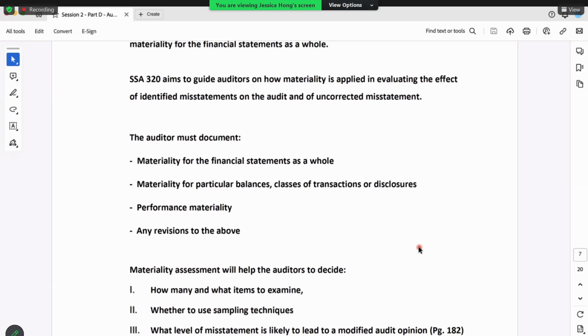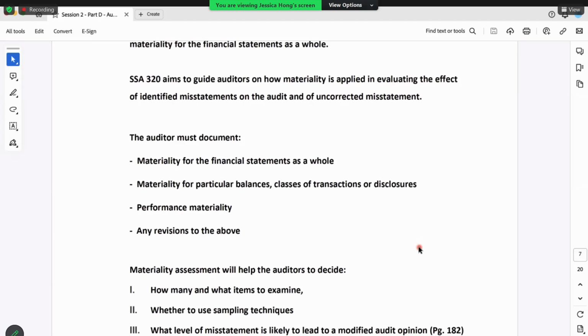The balances that you can find in the statement of financial position, the classes of transactions that you can find in the statement of financial performance, like the income statement, and also some of the disclosure items, we can actually set different materiality for those, based on the risk assessment that we have completed during audit planning.